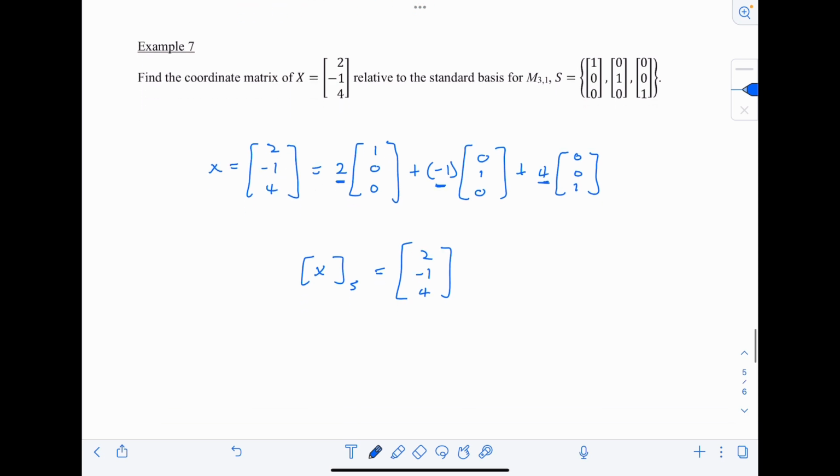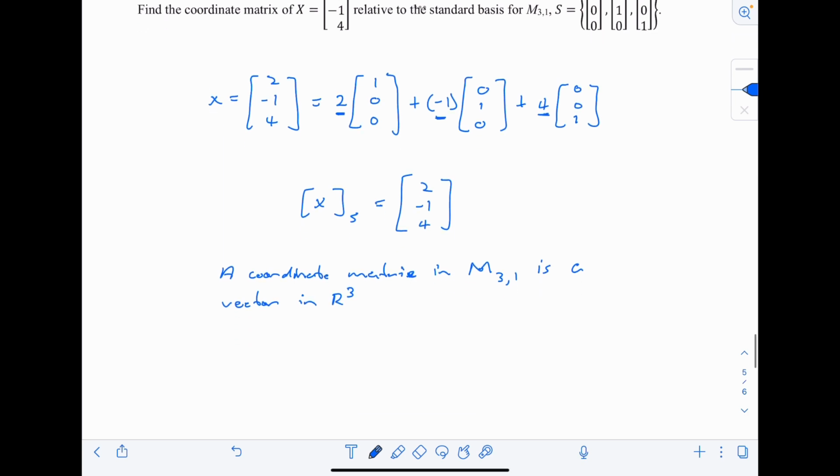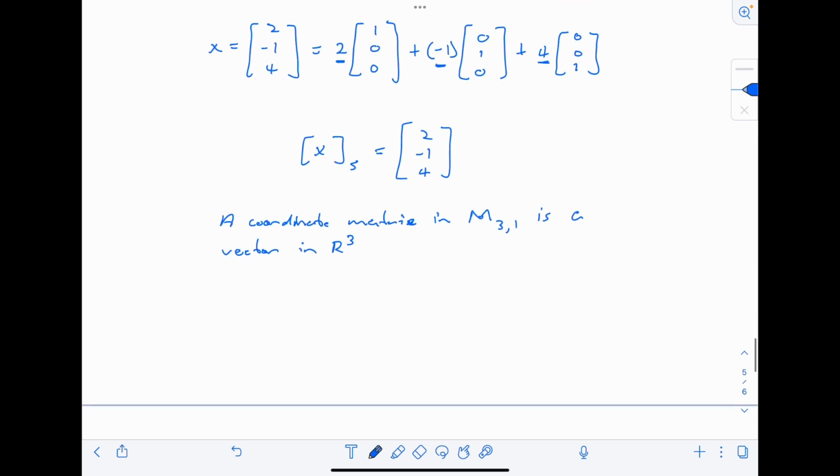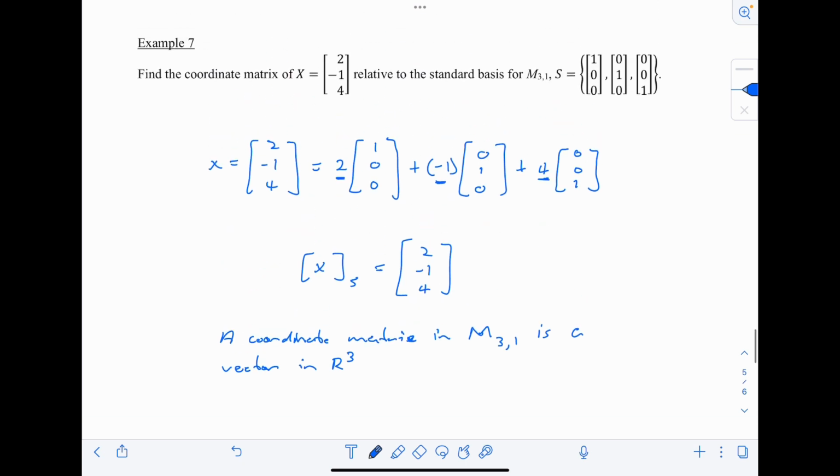And in this case, I can say that a coordinate matrix in M31 is a vector in R3. So bottom line, what we're saying is you can represent vectors in any n-dimensional space.